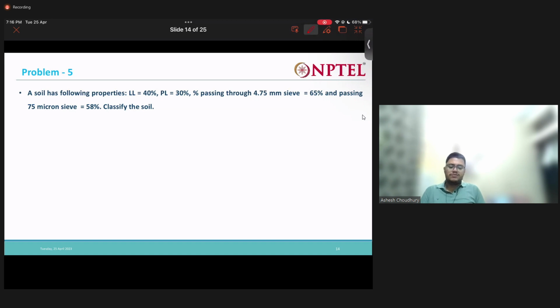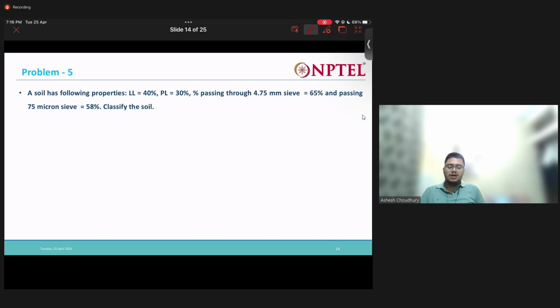Also, after we have done the sieve analysis, if the fine fraction is considerable, we do the liquid limit and plastic limit test on the soil passing the 425 micron sieve.